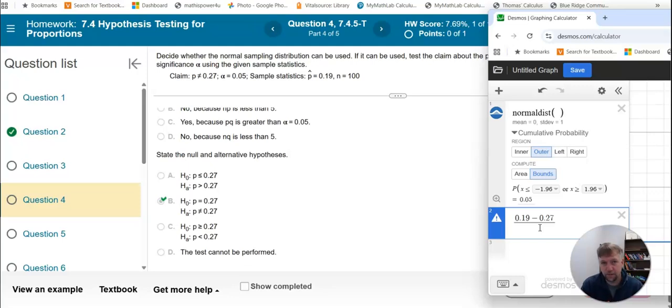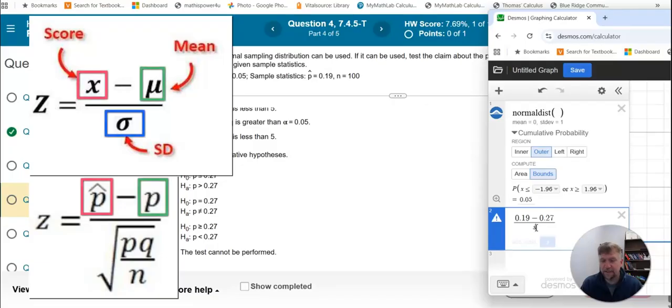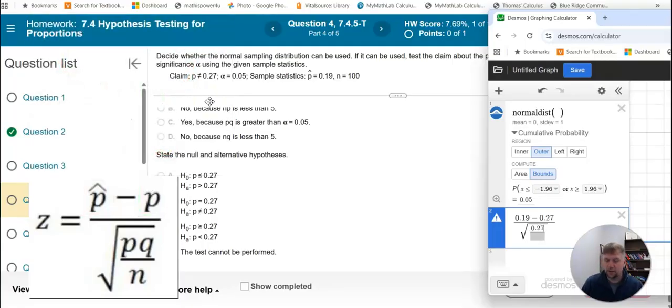Standard deviation for the distribution of sample proportions is the square root, SQRT, and then underneath that square root symbol we have a fraction. And then it's going to be p times q divided by the sample size. So p is 0.27, 0.27 times q, so times 1 minus p. So you can do two things.